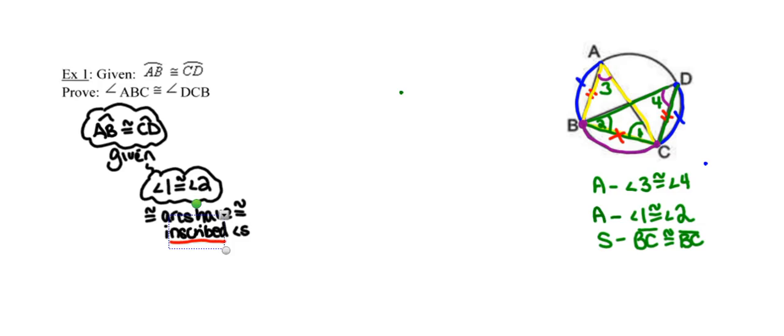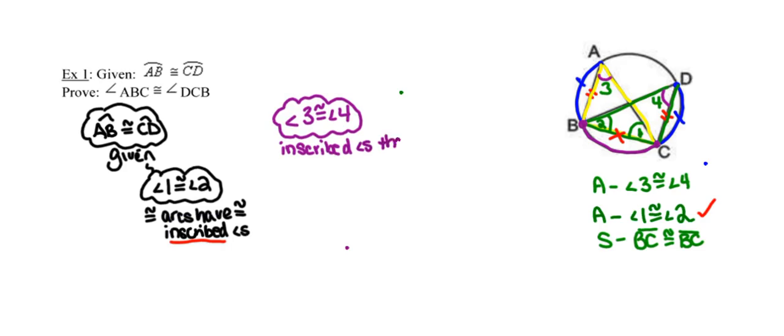That word inscribed needs to be part of your reason. So that's done. I knew that angles 3 and 4 were congruent because they both intercept the same arc, BC. So angle 3 is congruent to angle 4, and again, they're inscribed angles, so I have to be very clear and specific about exactly which vocabulary I'm going to use here.